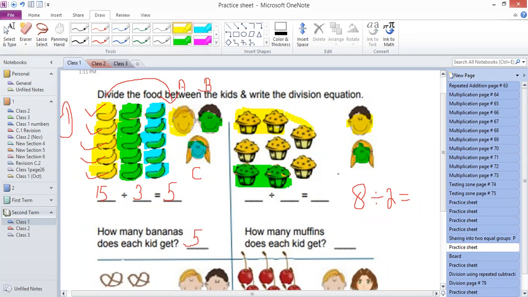I'll give 1 more to this boy, and 1 more to this girl. They both have now 3, 3, but still there are 2 cakes left. So I will give 1 more to a boy and 1 more to this girl.